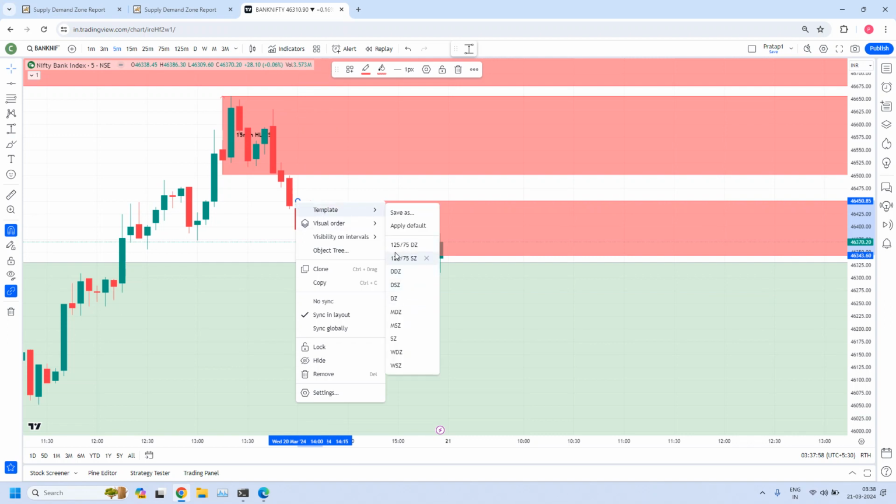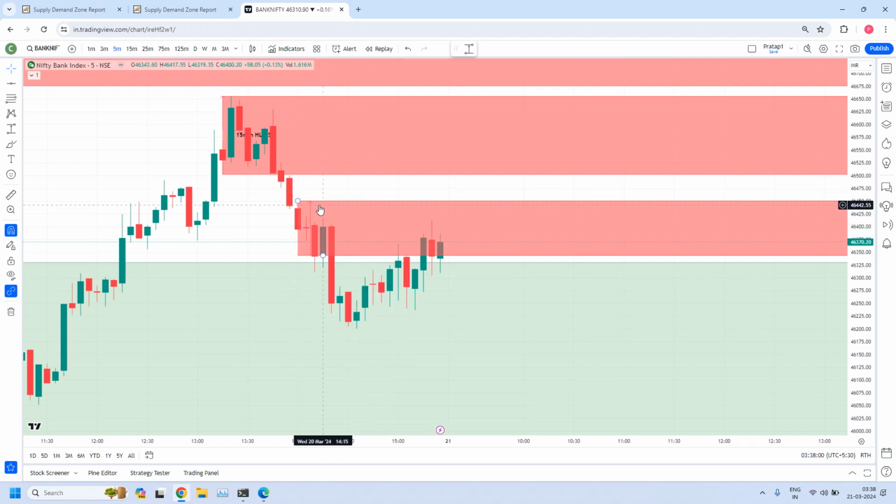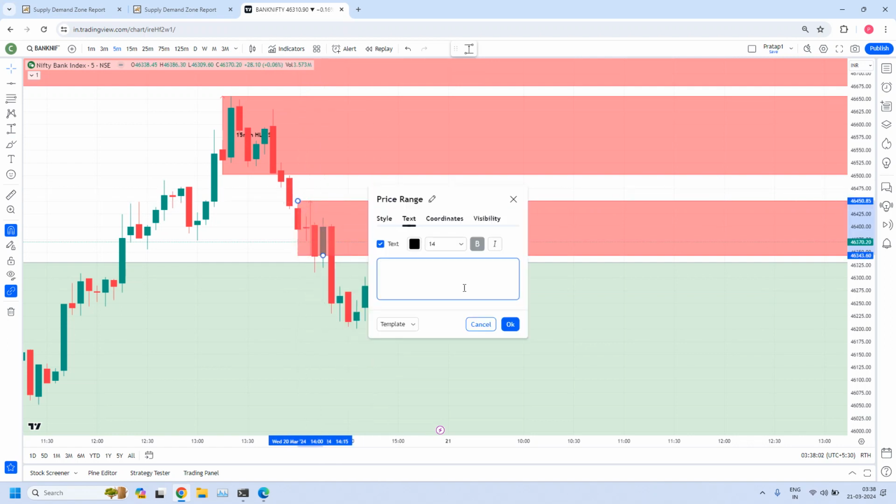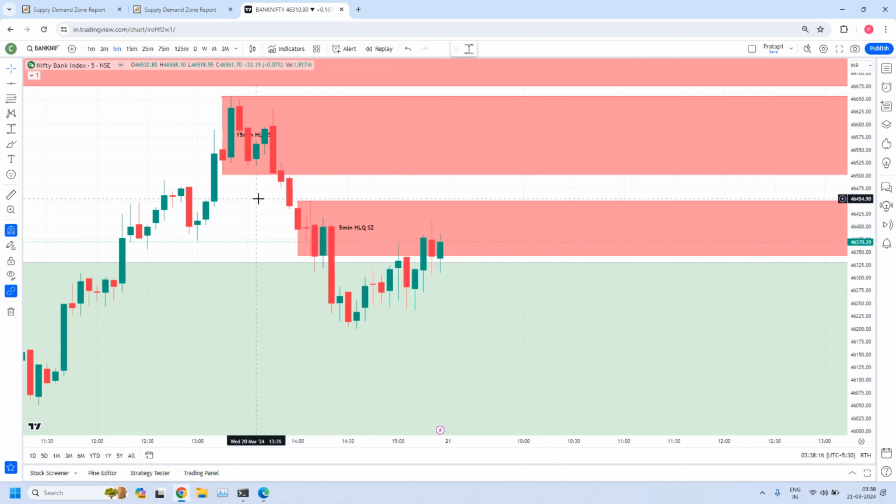This is a 5 minutes high liquidity supply zone. Actually, this can be considered like this.